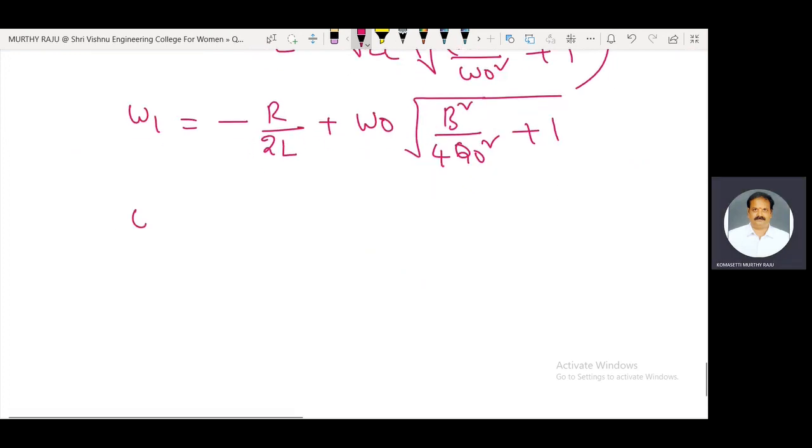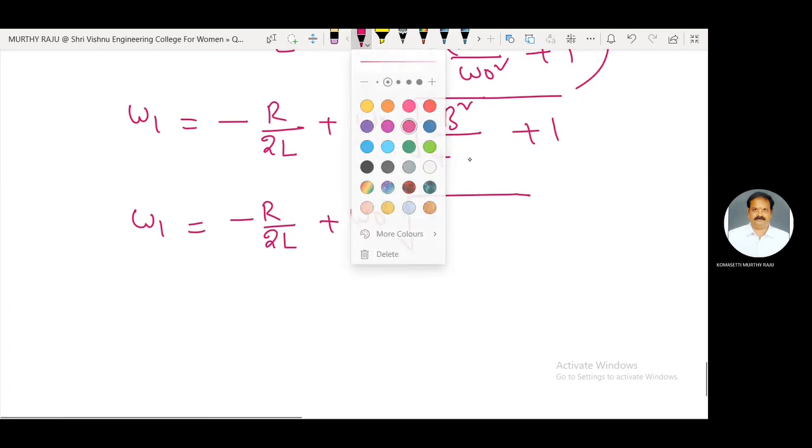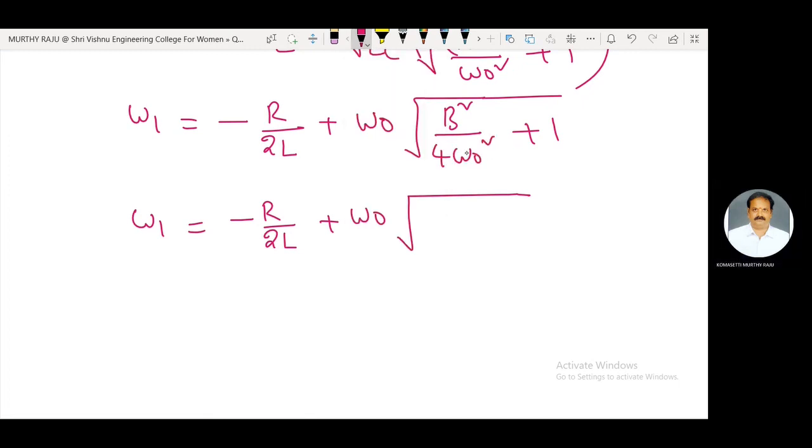That is, omega 1 is equal to minus R by 2L plus omega naught square root of 1 by 4 into B by omega naught, that is 1 by 4 into B by omega naught whole square, plus 1.